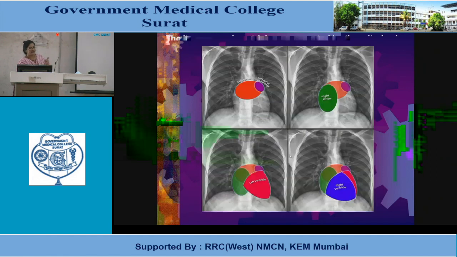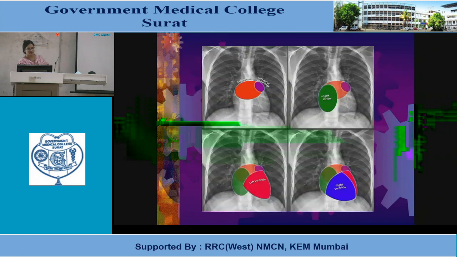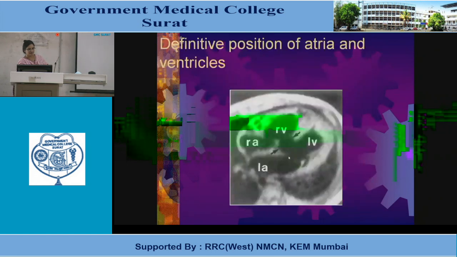Now the mitral and the tricuspid valves lie in approximately the same RAO plane, right anterior oblique plane, forming the AV plane of the heart, separating the ventricular mass in front and on the left from the atrial part behind and on the right. So this is the atrioventricular septae or the walls, which divide the atrial chambers on the back and on the left from the ventricular chambers on the right and in the front.